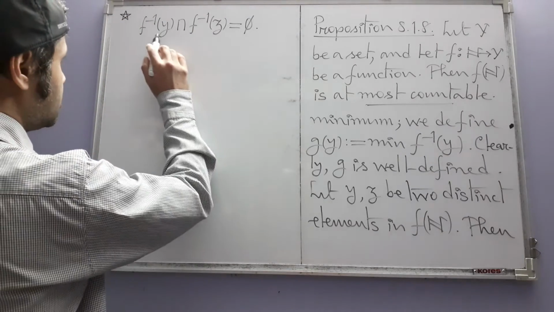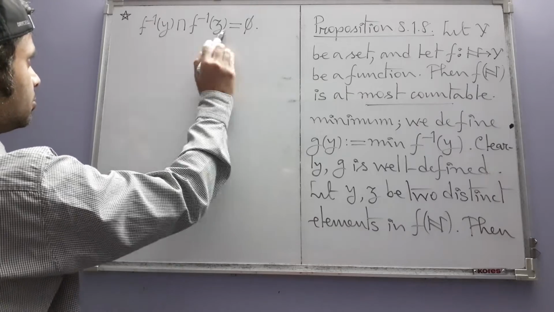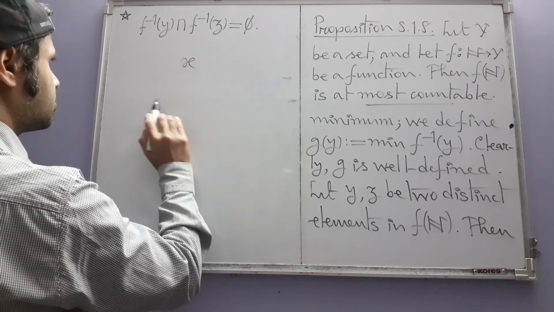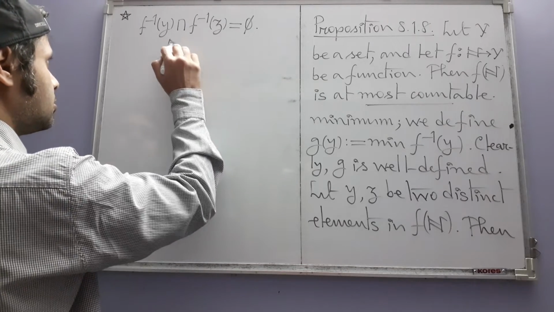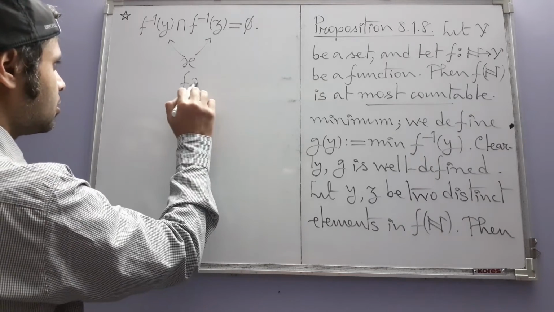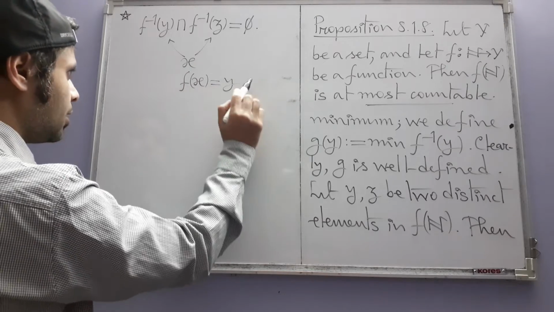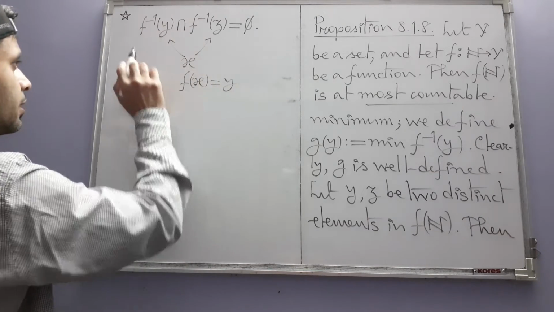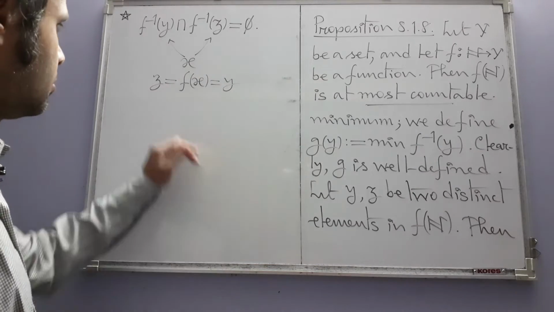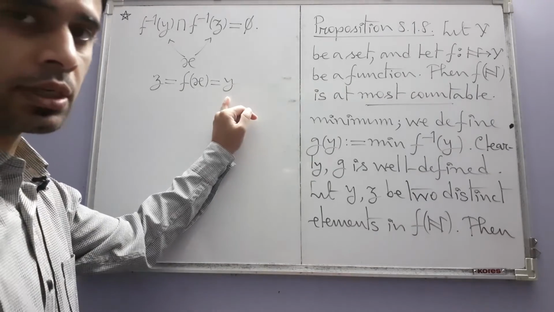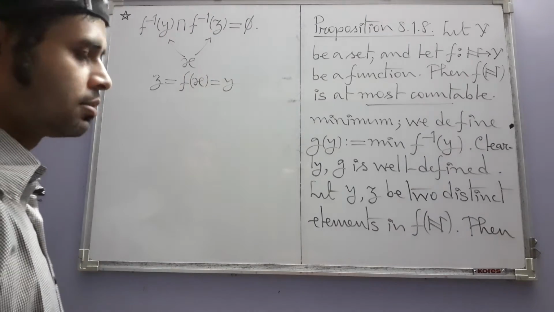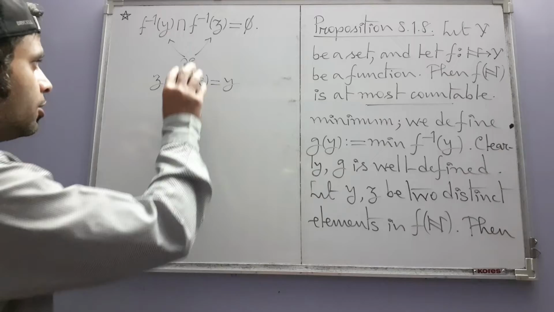Because if you have some element in common, say x belongs to this and also x belongs to this, then by definition of these inverse images, f of x would be y for being in this set, but at the same time it will also be equal to z, giving us non-distinct y and z, which contradicts our choice. So that's why these two inverse images are disjoint.